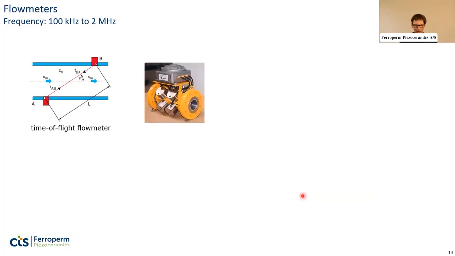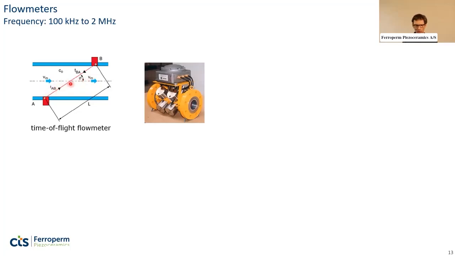New application, flow meters. So first I'll show the most common one, which is the time of flight flow meter. Here, a sound signal is transmitted from transducer A to transducer B, and also signals sent from transducer B to A. So if the time of flight from A to B is the same as from B to A, it means that the liquid in the pipe here is actually not moving.